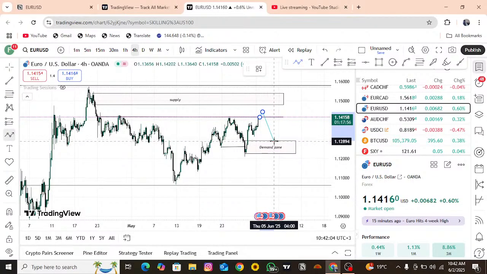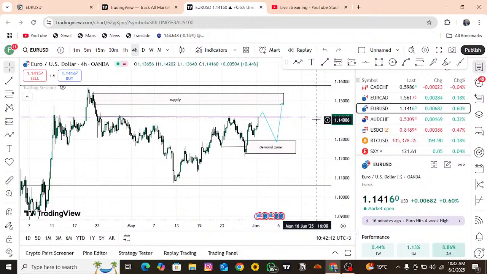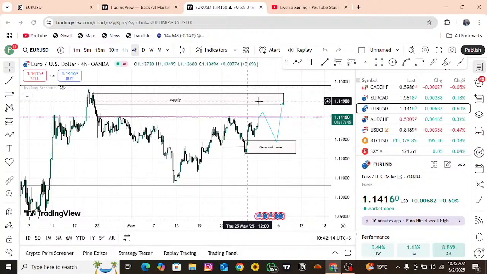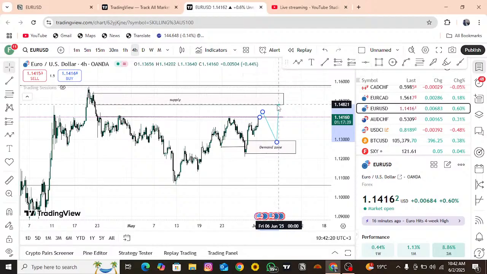If possible it comes to the demand zone, then rushes to this supply. Although the opposite can happen, it can come to the supply. So if it comes to the supply here, we might be able to see some reaction of a kind.